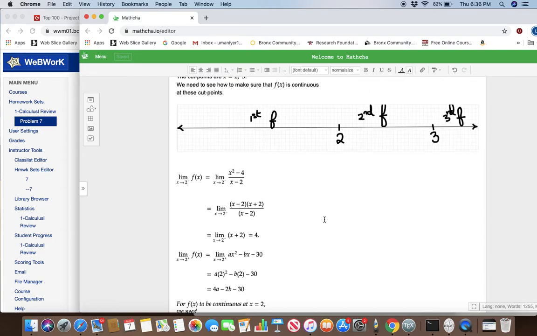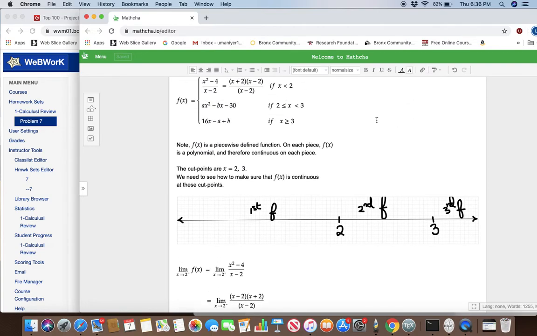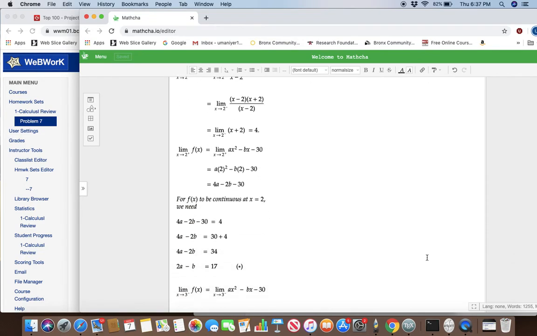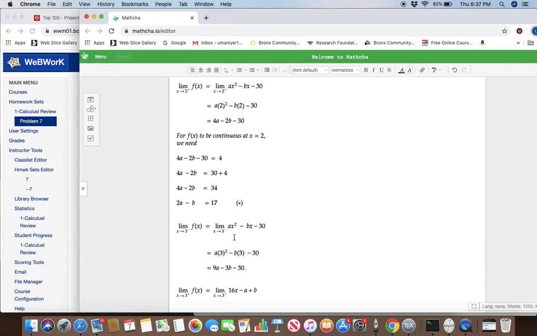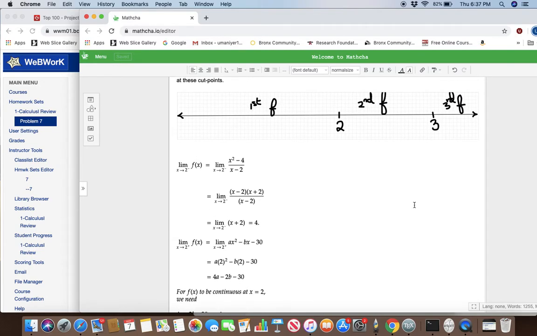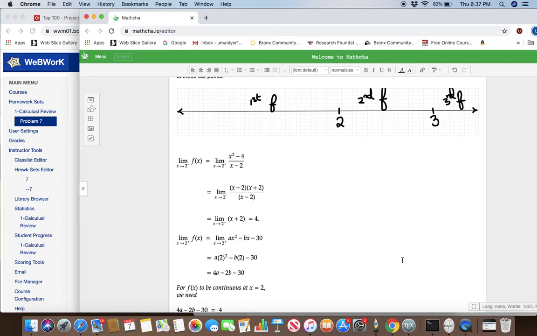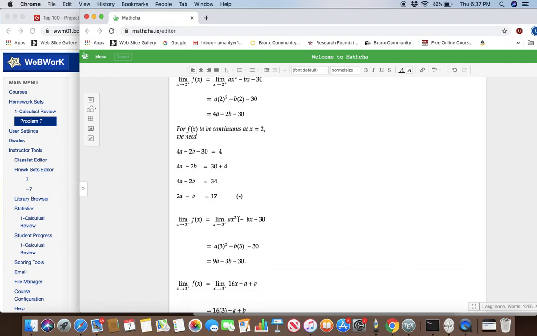Now the other cut point is 3. The left hand limit at 3 and right hand limit at 3 must be equal for my function to be continuous, and the value is given by the right hand function, so that's okay. For the left hand limit at 3, I'm to the left of 3, so I'm looking at the second expression, which is ax squared minus bx minus 30.